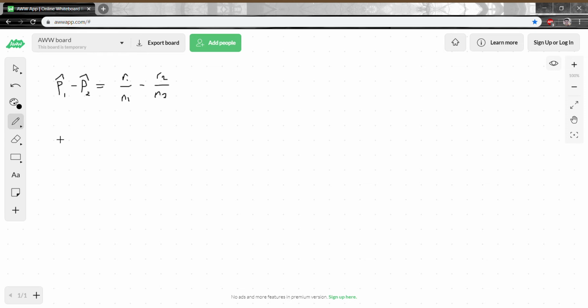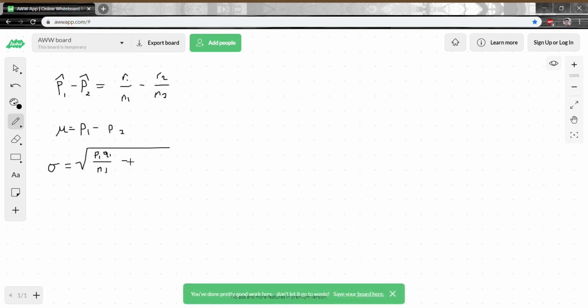We're also going to have a new definition for the mean, mu. The mean is going to equal P1 minus P2, the proportion of the first data set minus the proportion of the second data set. And we also have a new equation for sigma, which is equal to the square root of P1, the probability of success, times Q1, the probability of failure, divided by N1.